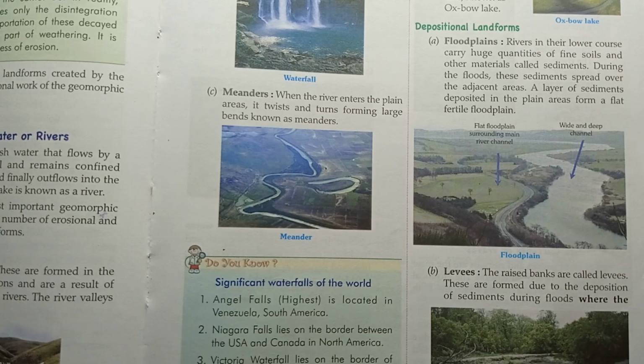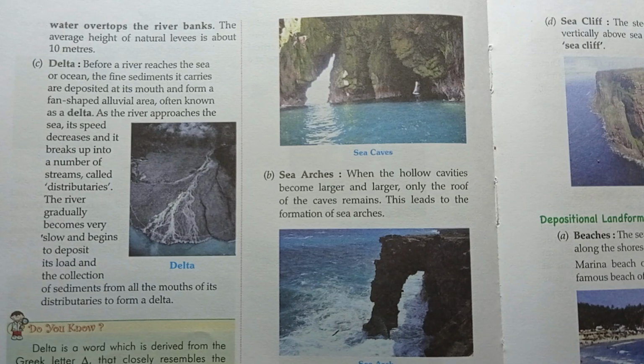The raised banks are called levees. Third is our delta. When the river flows, it carries fine sediments with it. Now, these fine sediments are deposited at the mouth of another body of water and form a fan-shaped alluvial area which is called delta.